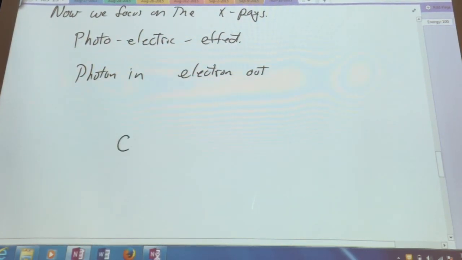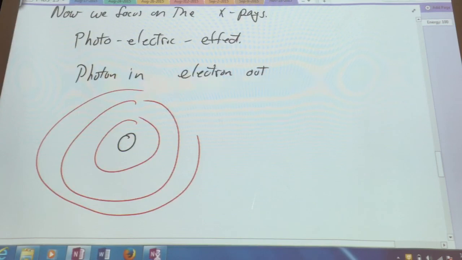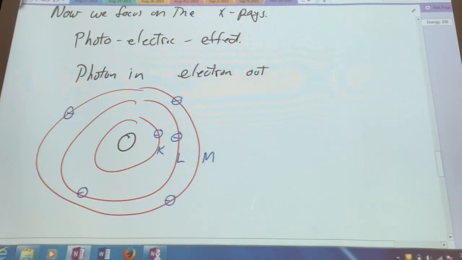So we need our old friend the atom and its shells. K shell, L shell, M shell. We have some electrons floating around here. We have the nucleus. All of that's looking reasonably familiar. Okay. So we're going to have a photon come in and do something.